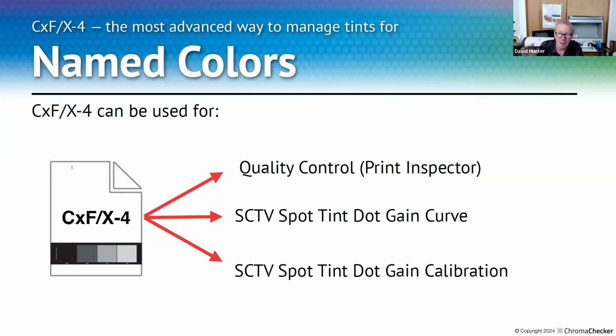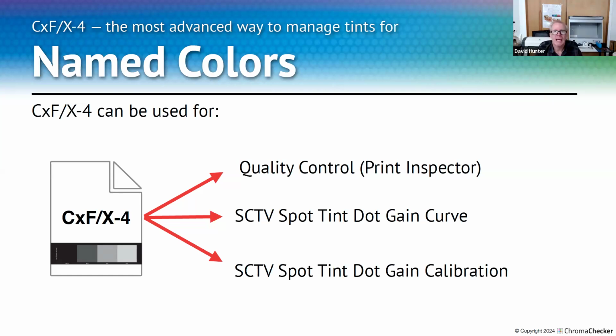But if you try to print that without SCTV, chances are the 50% visual delta will be anywhere from the 70 range to the 30 range, because spot colors can be very unpredictable in terms of how they lay down in tints. So that's why SCTV is so important, so we can actually get control of our tints for our spot colors.